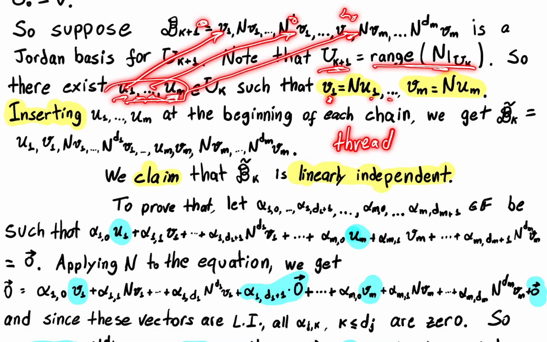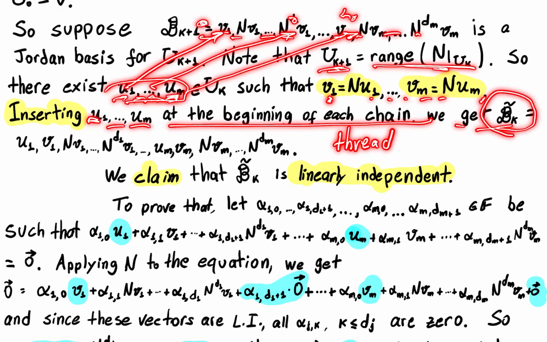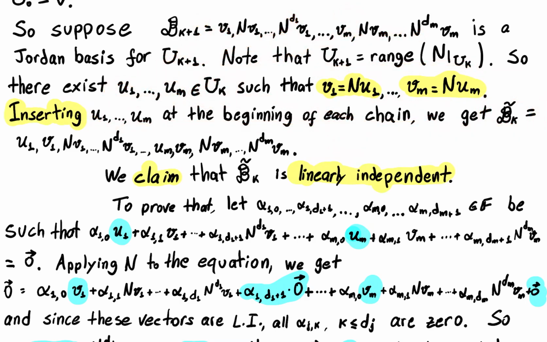We define these vectors by solving these equations. The solution in general is not unique, it does not matter, just pick one. So we insert these vectors at the beginning of the chain, so the chains got larger. And we got a new basis. I'm not calling this basis B_k, because maybe it's not B_k. Maybe it doesn't have enough vectors to span the entire space U_k, where we are working here.